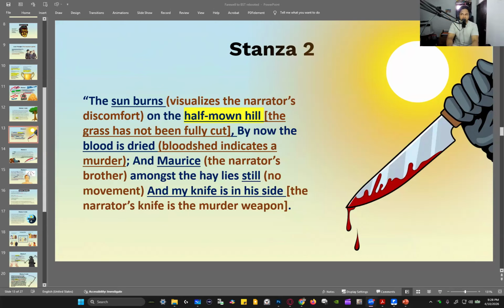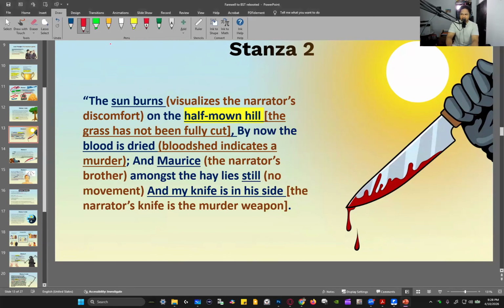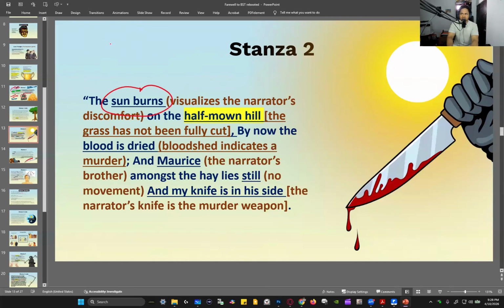The sun burns on the half-moon hill. The sun is burning, right? What kind of an emotion does the burning sun give you? It's so hot, right? It makes you feel uncomfortable, especially when you are guilty, right?